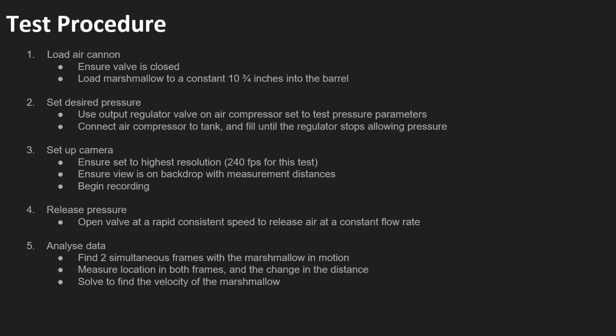Some variables we had during this testing procedure included the precision of the air compressor gauge, which was not the most precise thing that we could have been using, but it was the highest quality that we had for our budget. To limit other variables, we also set the marshmallow in the barrel at a consistent depth, so it would have the same amount of time to use up what air it had.